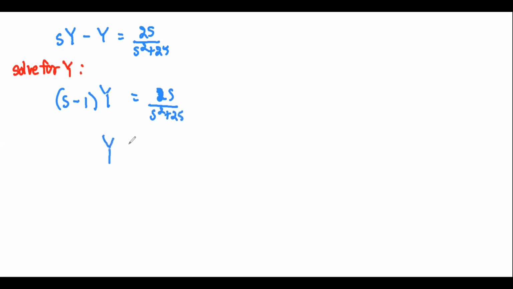So then the capital Y is 2s divided by s minus 1 multiplied by s squared plus 25. Okay, we are done solving for Y.